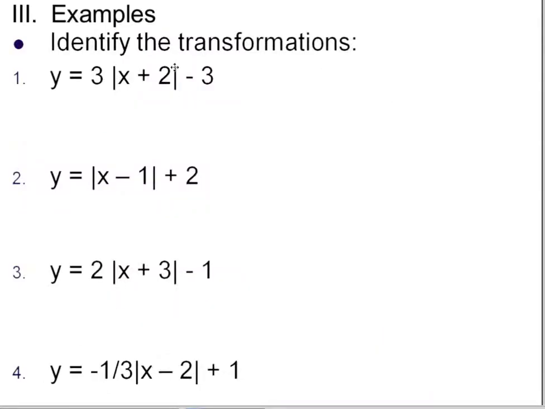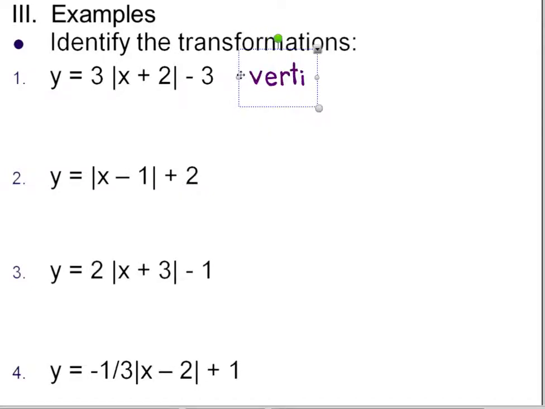So, for example, identify these transformations. What you need to do is always first make sure, because the further along we go and the more functions you have, the more you have to take a look at making sure that you're aware of which of the parent functions you're using. So you're going to take this parent function for the absolute value graph, and you are going to vertically stretch by a factor of 3, and then you are going to shift it 2 units to the left and 3 units down.